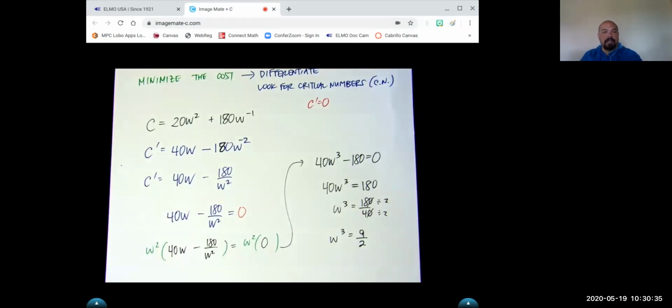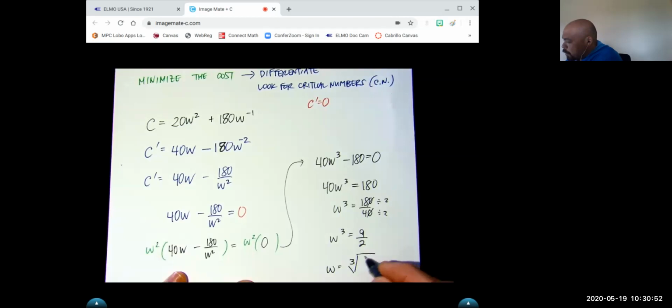Double check my arithmetic. Okay, and again, as in real life, we're probably going to get some weird decimal answers. But for now, our value for w is the cube root of 9 halves. I can bring out my calculator if you want to see a decimal.